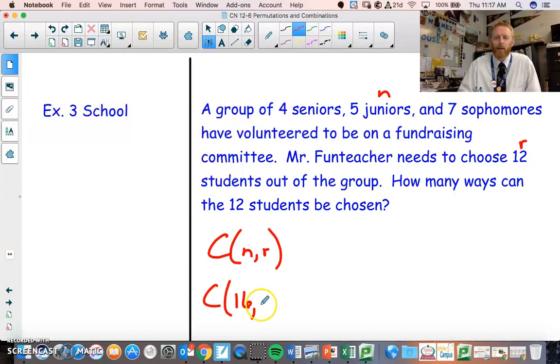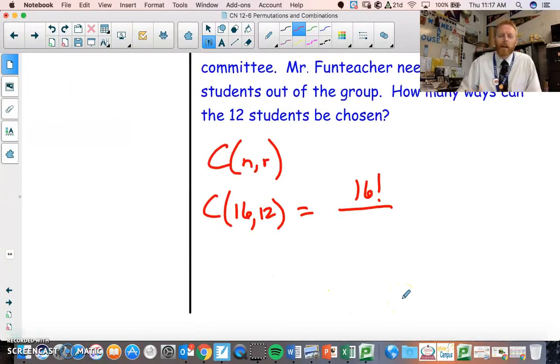And then comma r of 12. So into the formula, it will say 16 factorial over 16 minus 12 factorial times 12 factorial.